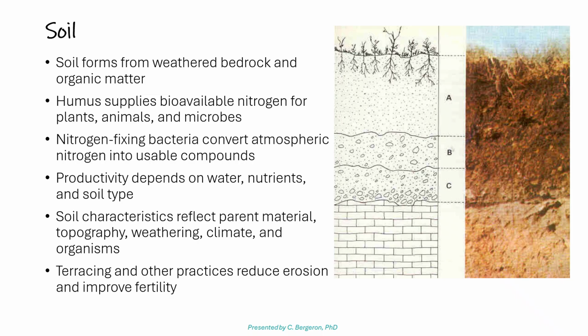But it exists in a form that most life forms are not able to use. The way it exists in the atmosphere, for example, we're not able to extract atmospheric nitrogen and use it in a way that our biology needs, right? We're not able to do that. We can extract oxygen from the atmosphere and use it, but we're not able to extract nitrogen from the atmosphere that way.